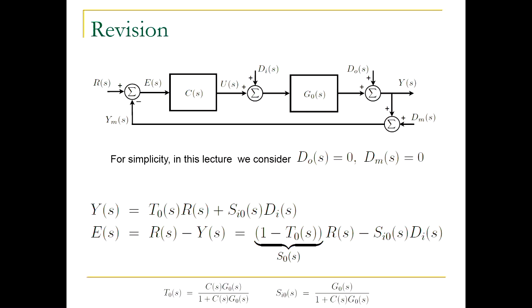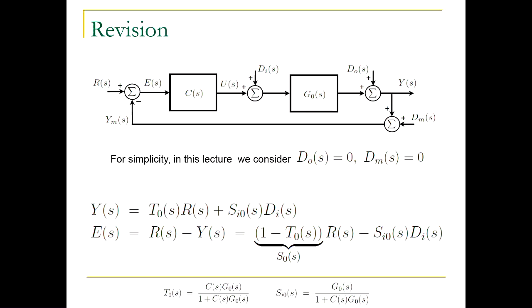We are interested in this lecture in errors, in particular steady-state errors. So if we find the Laplace transform of the error, it's by definition R minus Y. This is the definition of error. R is usually interpreted as the desired value of output, and Y is the true value of the output.